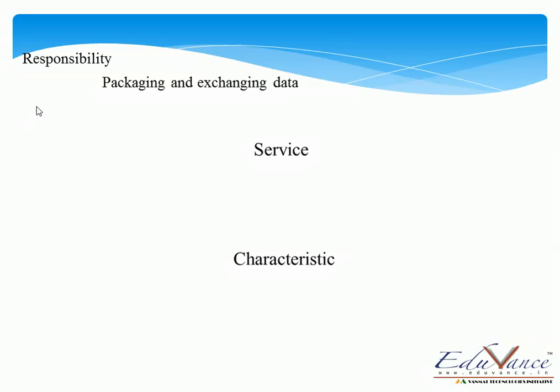But these characteristics are divided into certain services. So let's say you have a certain service regarding what you want to do with the song. That will be play the song, pause the song, play the next song, play the previous song. And there will be one service which will take care of the volume information.